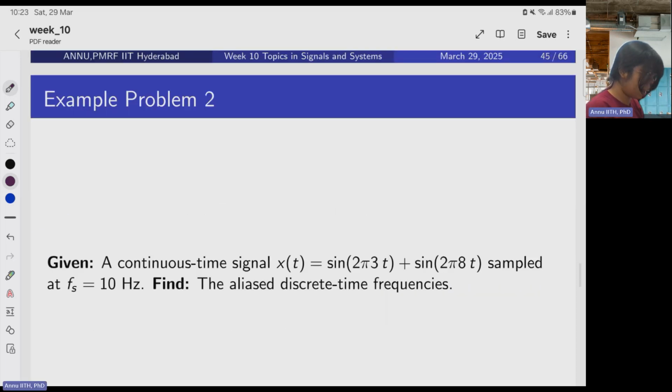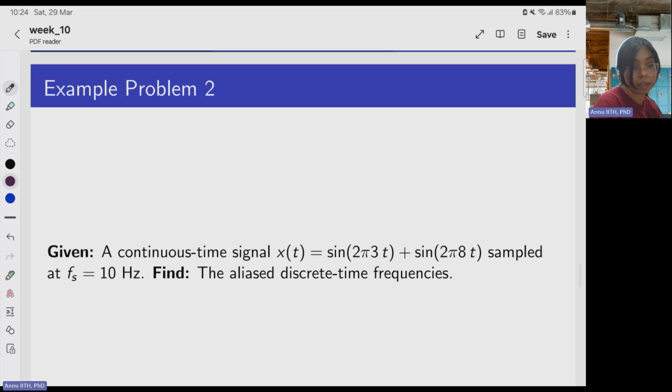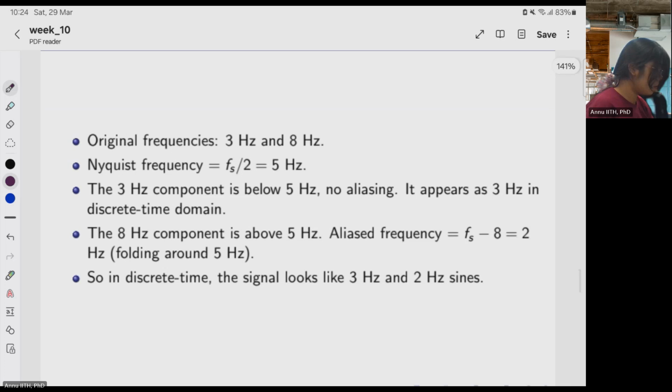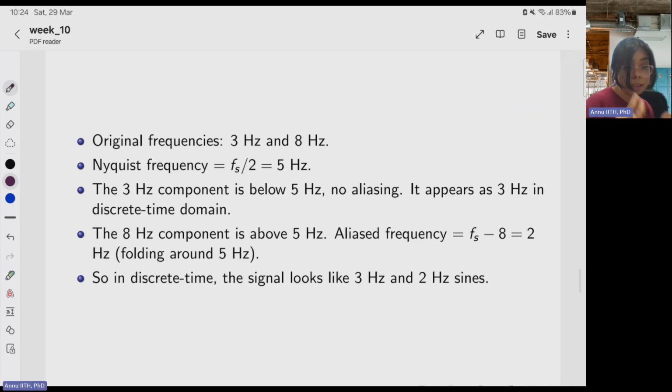Example 2. We have a continuous-time signal which has two components, sampled at fs equals 10 hertz. Find the aliased discrete-time frequencies. The original signals are at 3 hertz and 8 hertz.